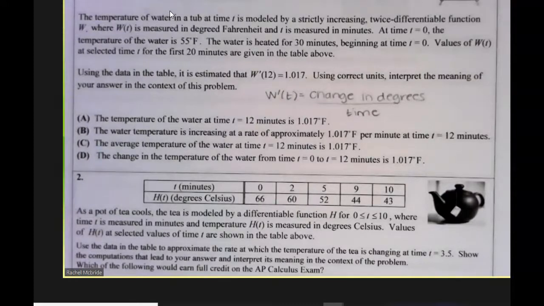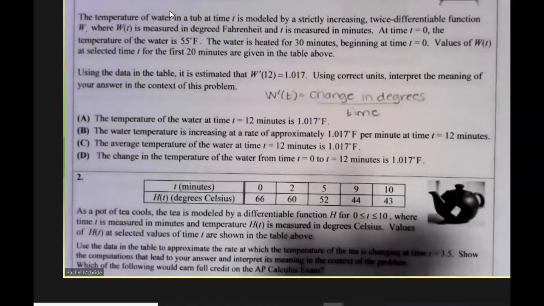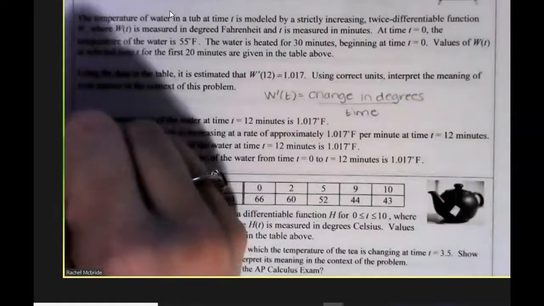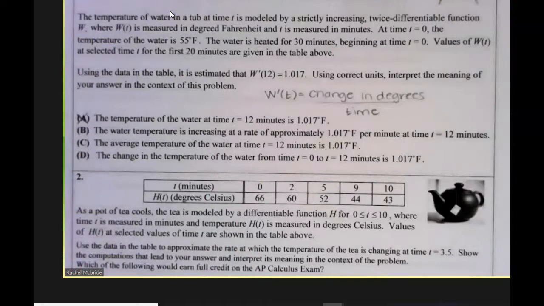So first it says the temperature of the water at time t equals 12 is, well, that's not true because we're looking at the rate of change of the temperature at 12, so it can't be A. The water temperature is increasing. So again, our derivative is positive.